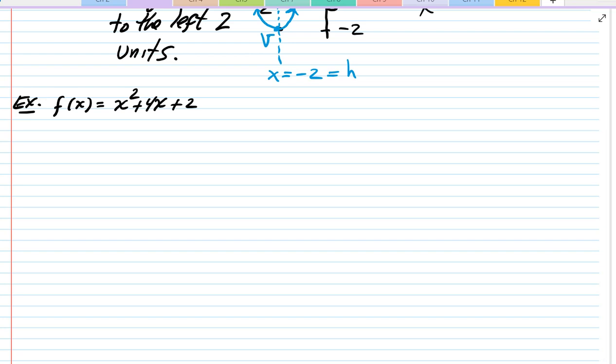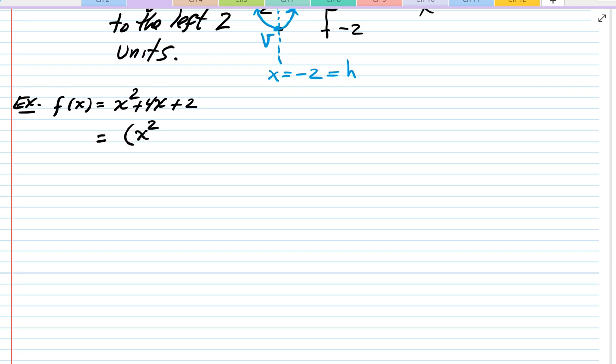Now notice this is in polynomial form, correct? So in polynomial form, if you want to change this to the HK form, we need to complete the square. Or for this particular one, let me see. Yeah, I thought that's the square of a binomial, but it's not. Okay, so here's how we complete the square in x.